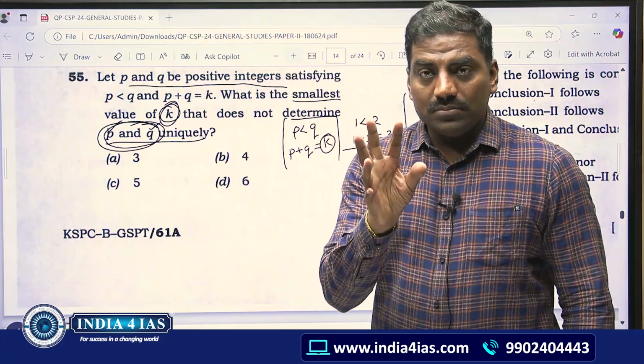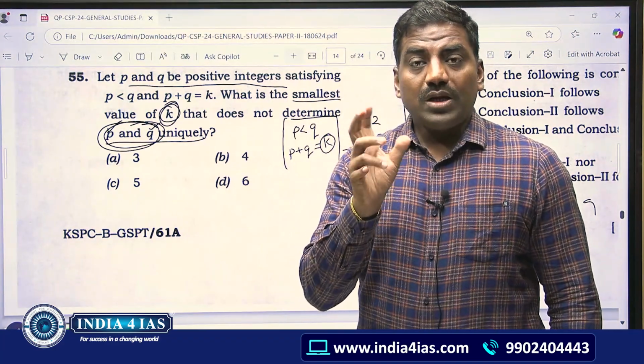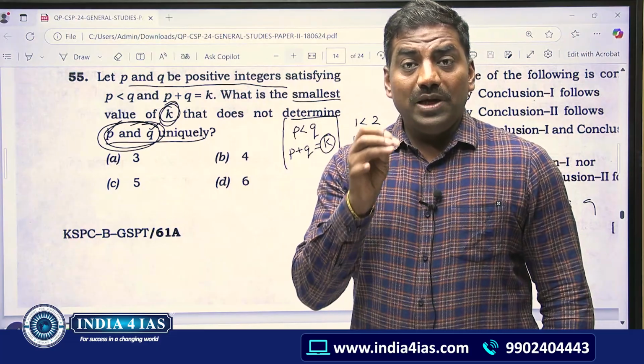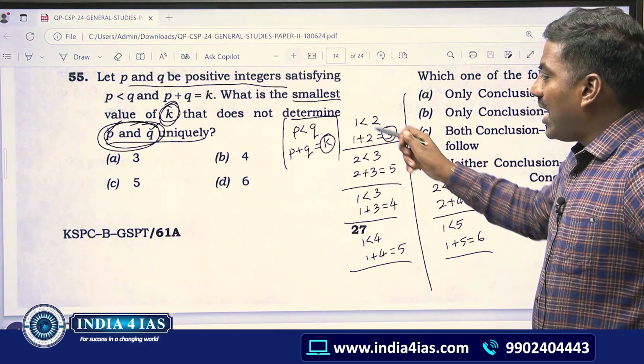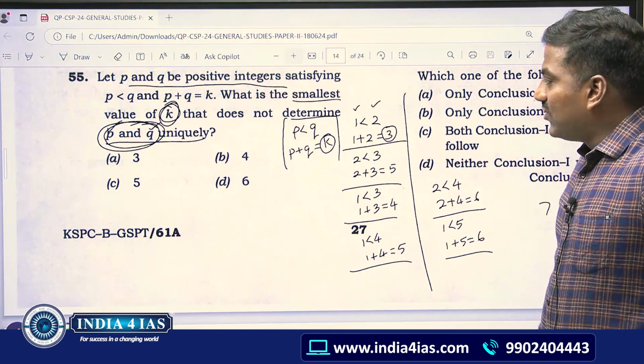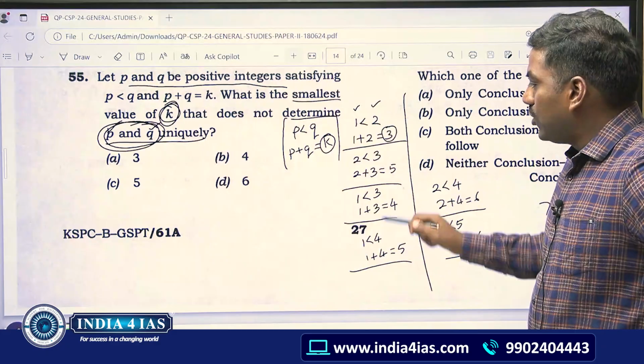For this sum K, 3 or 4 or 5, the P and Q should be unique. For 3, the unique values are 1 and 2.